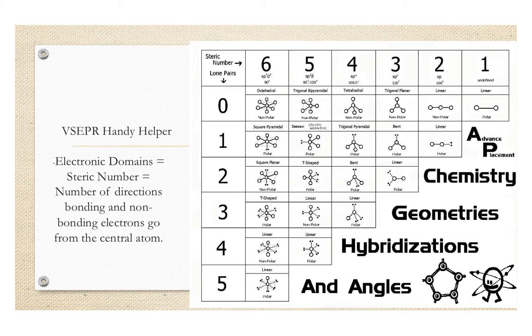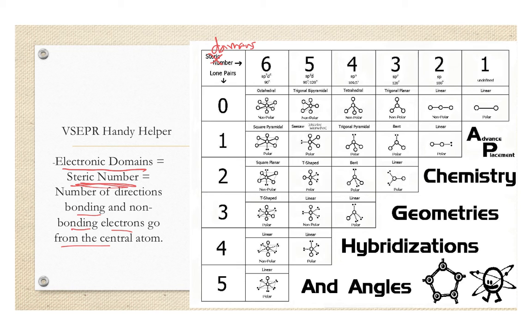So here is what the handy helper looks like. Okay, so when we talk about electron domains, on the handy helper, they refer to that as steric number. So those things are the same thing. So again, if you want to write this out, you can just say domains, right? And that is just simply the number of directions bonding and non-bonding electrons go around the central atom.